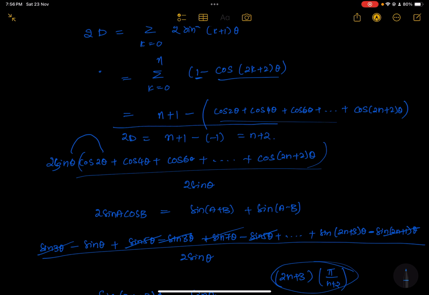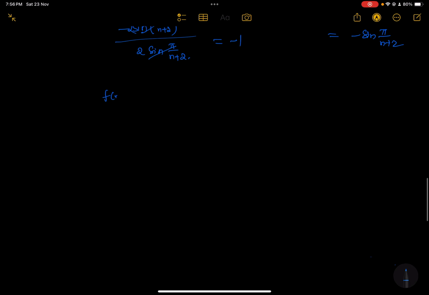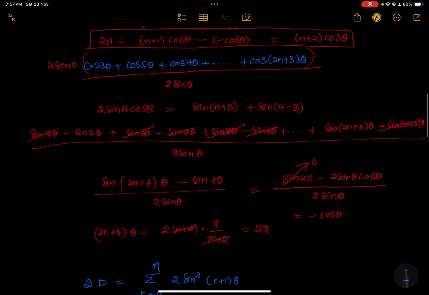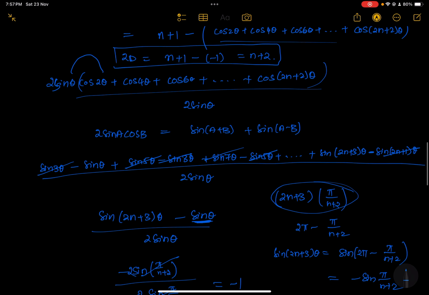Alright. Now to get f of n, which is equal to numerator by denominator. So that is 2 times the numerator by 2 times the denominator. What is 2 times the numerator? We already got it here: n plus 2 cos theta. 2 times the denominator is n plus 2.